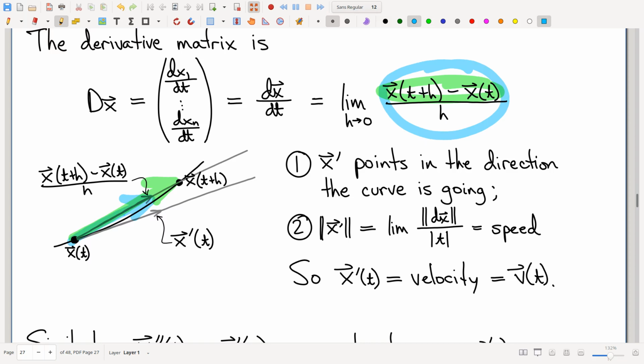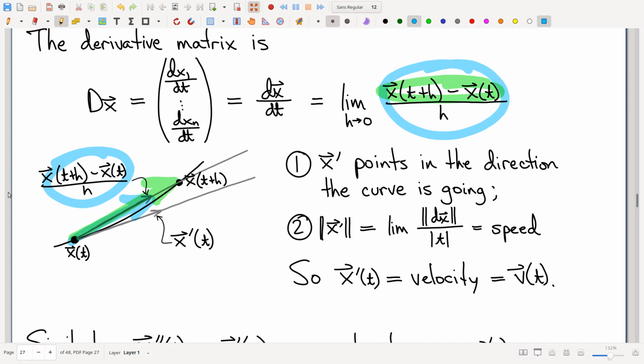But of course, as h gets smaller, this green vector gets shorter and shorter, but I'm dividing by a smaller and smaller h, and so this fraction here, we expect to level out at some finite magnitude.